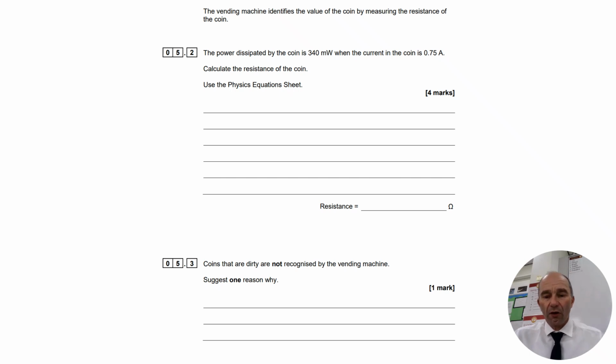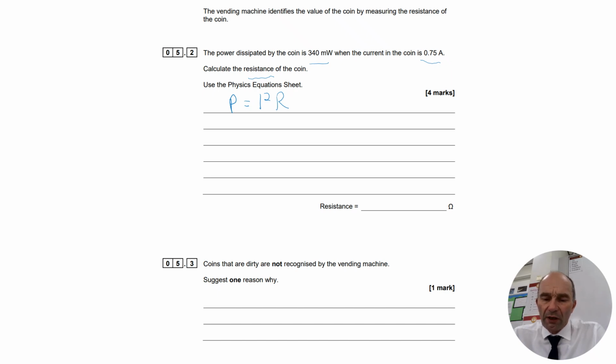Calculate the resistance of the coin. So we need to calculate resistance, and we've got a current and we've got power. So we're looking at one of the four power equations. In this case, we need to be using power equals current squared multiplied by resistance.